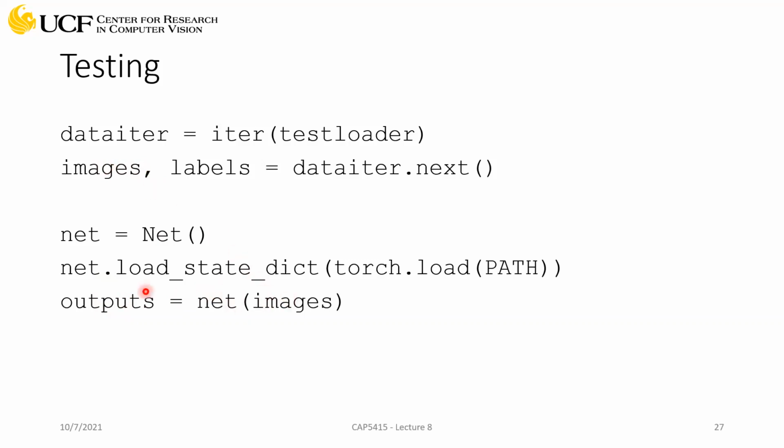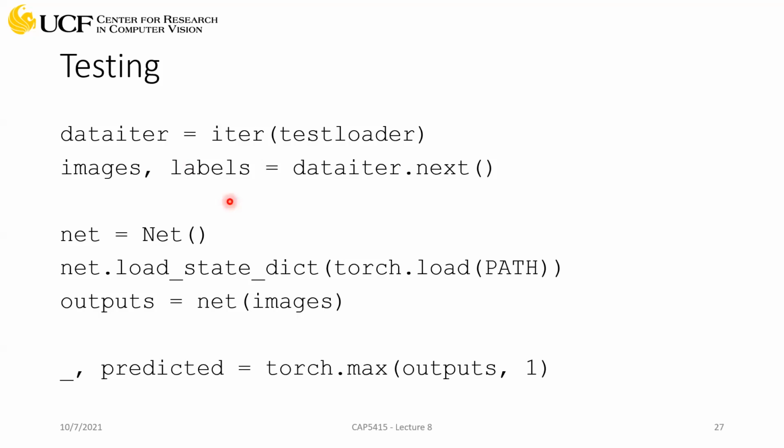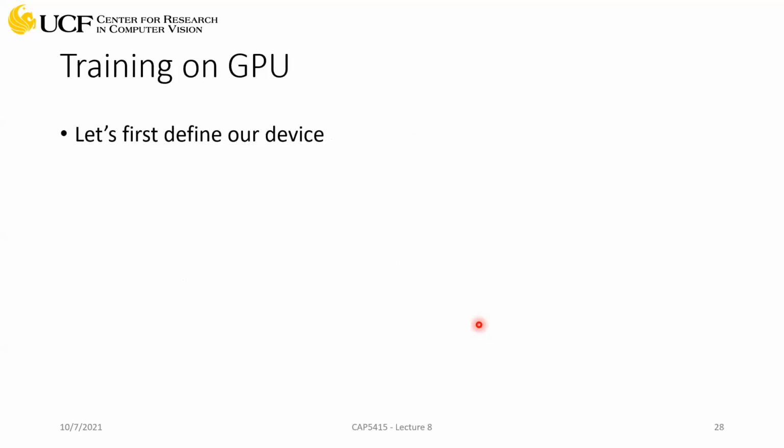Again, this is just a forward pass, and it will be your predictions. And you can use labels and outputs to actually compute the evaluation metric. It could be accuracy, it could be precision, whatever you want to do. So you have the ground truth, you have the prediction, you can do whatever you want. Okay, so this is fine. It's just trying to figure out what's the maximum prediction.